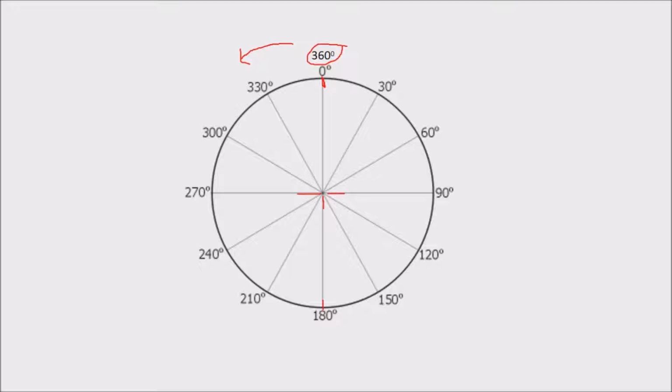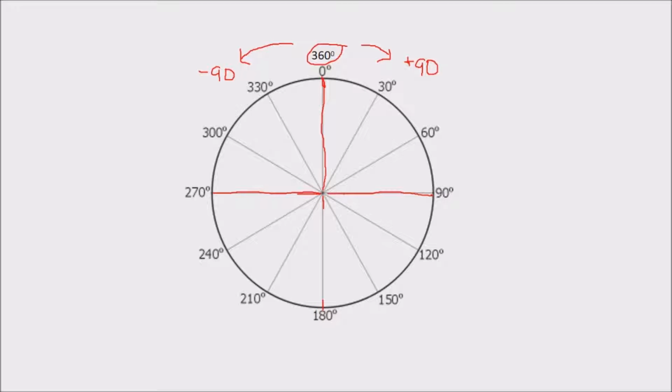So if you were going down to this line from this line, in this direction, you would be going negative 90 degrees. But if you were going this direction down to this line, this would be positive 90 degrees.